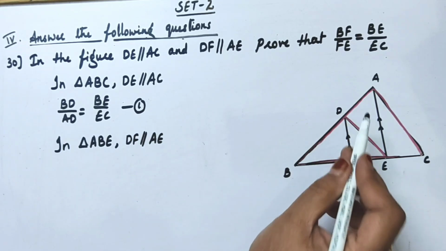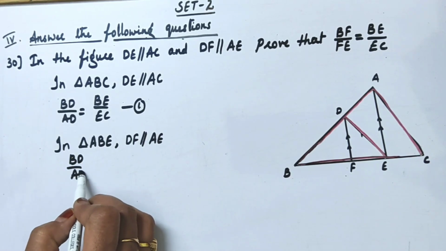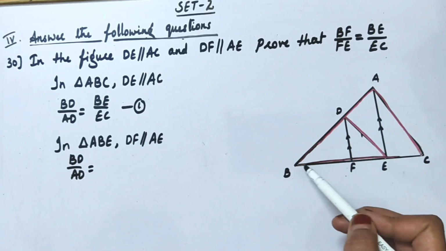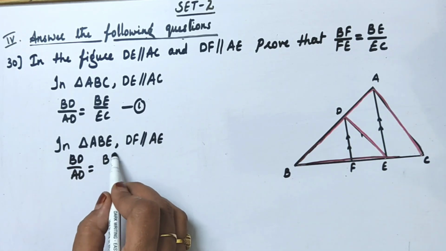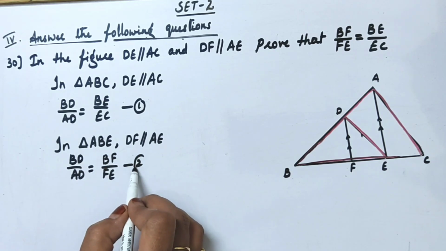Again we are going to apply Thales theorem, that is BD by AD equals BF by FE. This is equation 2.